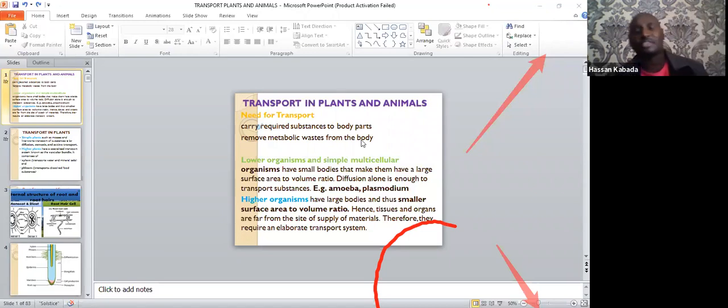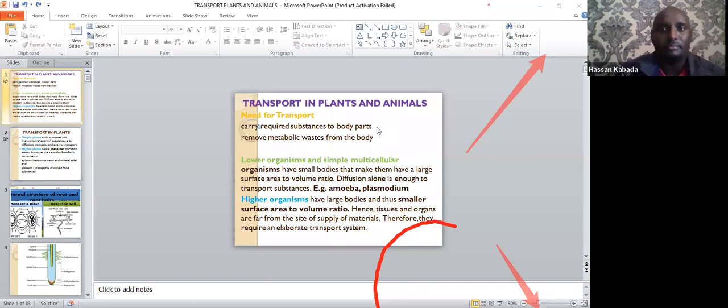These have to be eliminated from the body, so they have to be moved to an excretory organ for onward expulsion. So those are the two importances of transport in plants and animals and generally in living organisms. I hope up to there we are together.